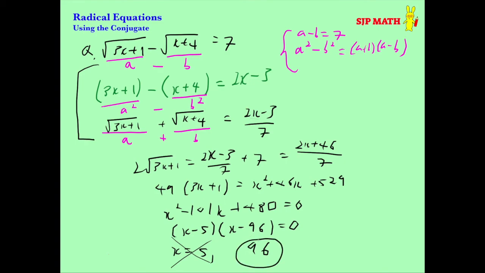So this problem is kind of really weird, and you might think it would have been easier to just do the method of isolating and squaring, then isolating another radical and squaring again. To be honest, that method might be easier if it takes longer for you to think of this and then do the algebra.